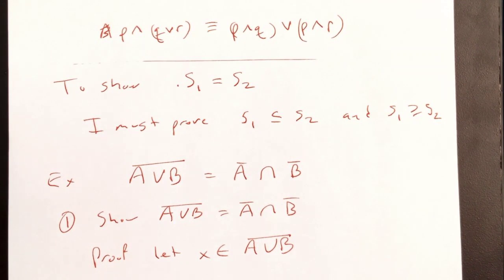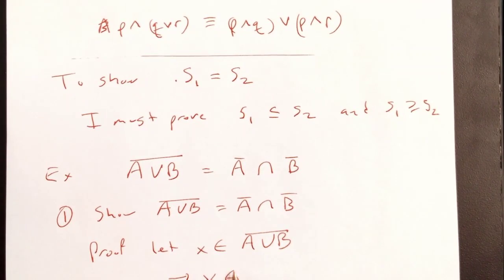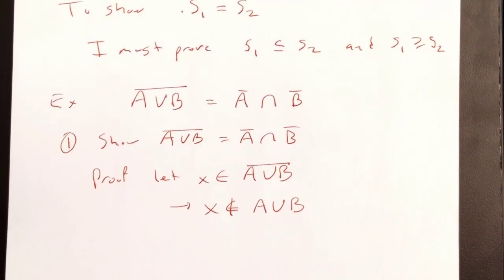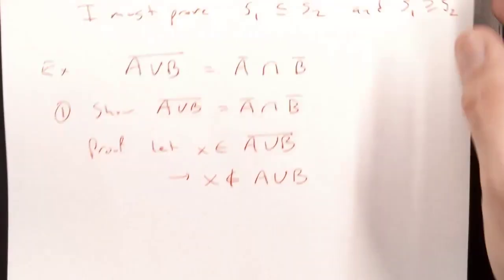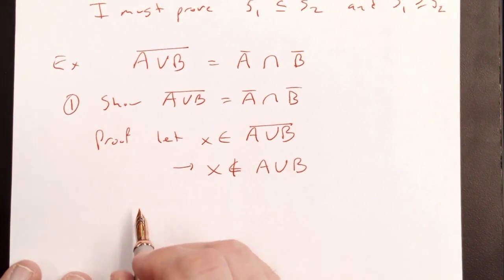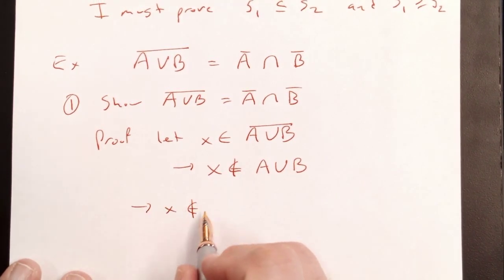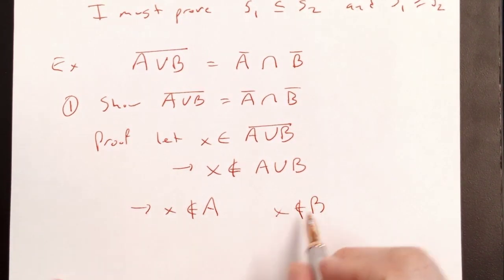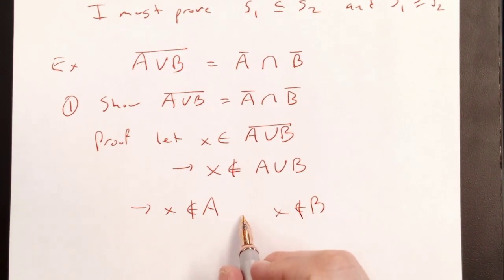But that means that X is not part of A or B. Well, if it's not part of A or B, then it's not part of A. At the same time, if it's not in A or B, it's not in B. What conjunction should go between those two words?